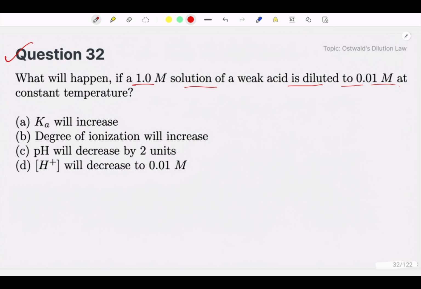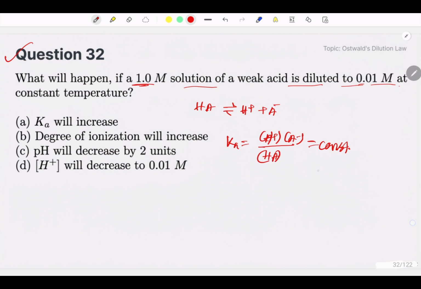According to the question, suppose a weak acid HA dissociates into H plus plus A minus, and the initial concentration 1 molar is diluted to 0.01 molar. First of all, we see that Ka is the concentration of H plus times the concentration of A minus divided by the concentration of HA.